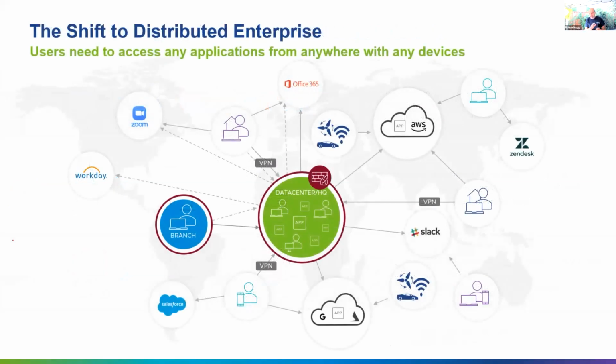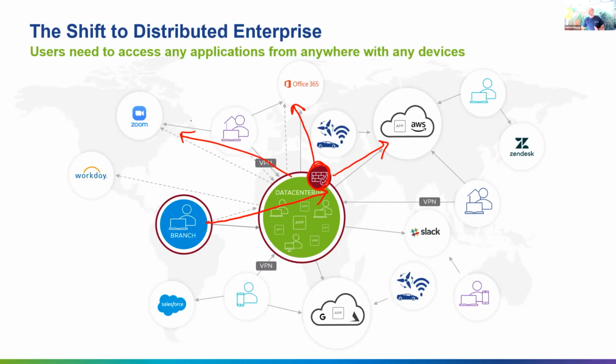And just to reiterate, in a legacy setup, from your branch site you're sending all your traffic to the data center, to the headquarters, where you have a bulletproof next generation firewall, and all those security features are in your data center. So from your branch office, you're sending all the traffic all the way to the data center, and then you are accessing Office 365, or going to the public internet, or any SaaS application.